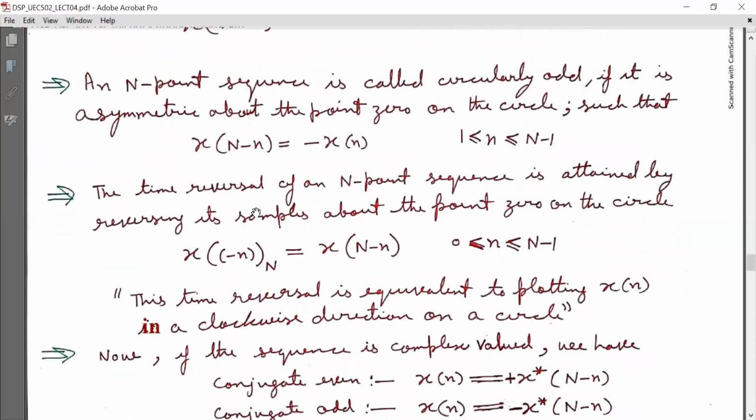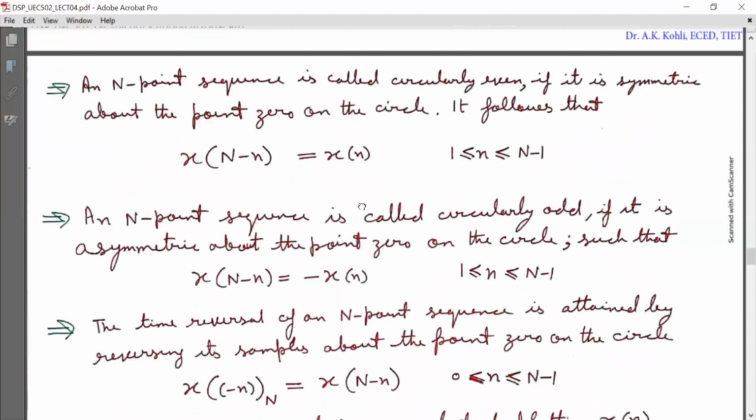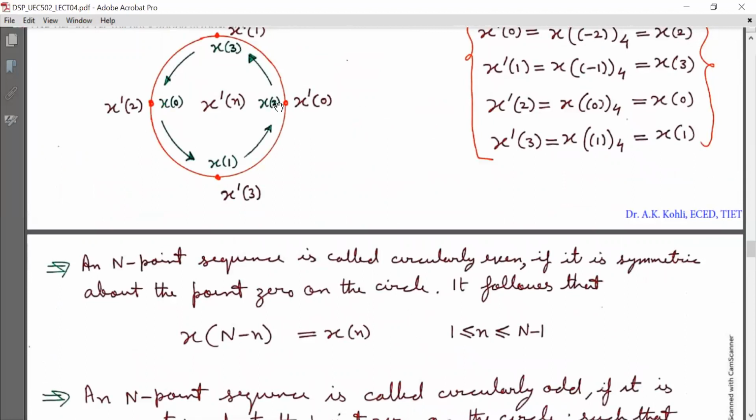The time reversal of an N-point sequence is attained by reversing its samples about the point 0 on the circle. Once more, I show you this is point 0, and we consider it a reference point, that is, n is equal to 0.